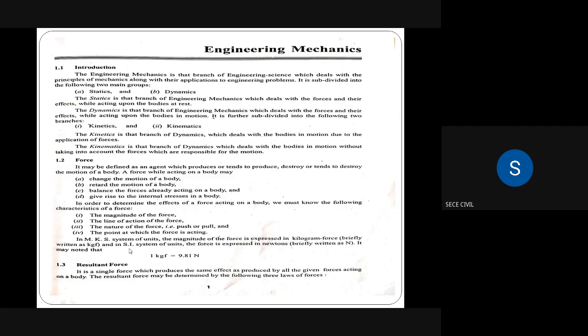But in the SI system of units, force is expressed in newtons. We are all using the SI system only, System International. So 1 kilogram force is equal to 9.81 newtons. Note this: 1 kilogram force is equal to 9.81 newtons.